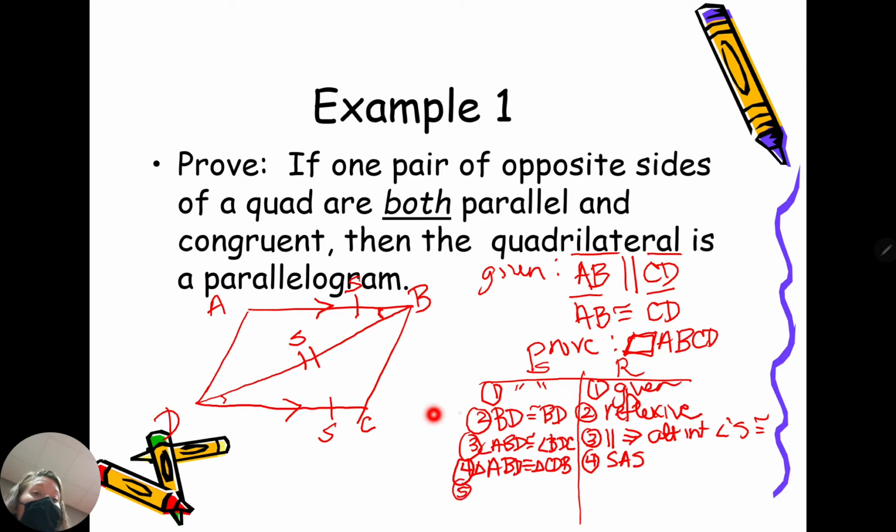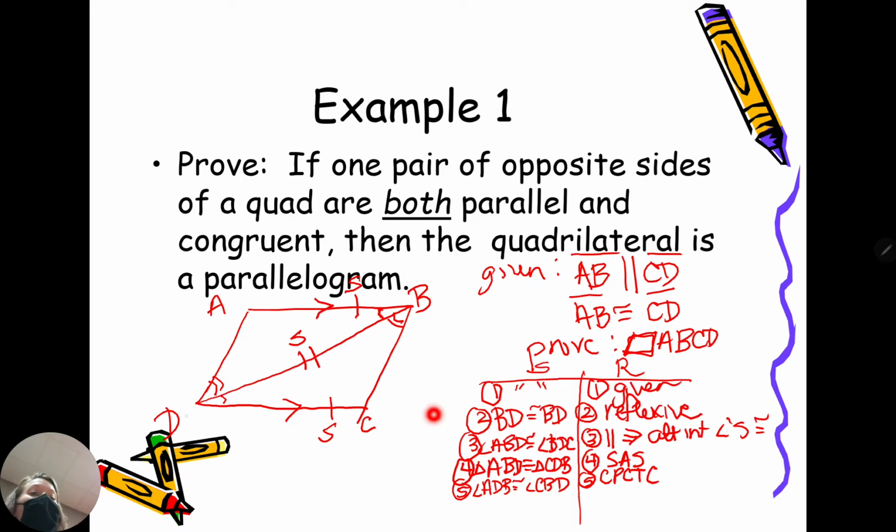So let's make the angles we actually need to be congruent to prove parallel lines. Now I'm going to say ADB is congruent to CBD by CPCTC.